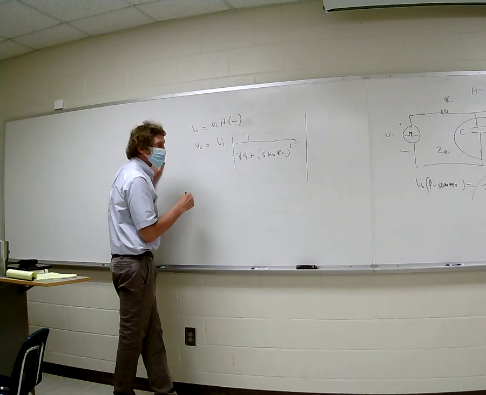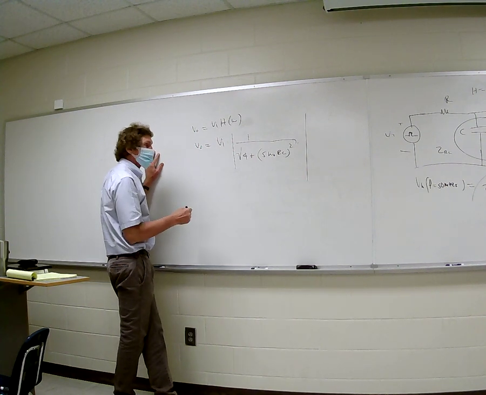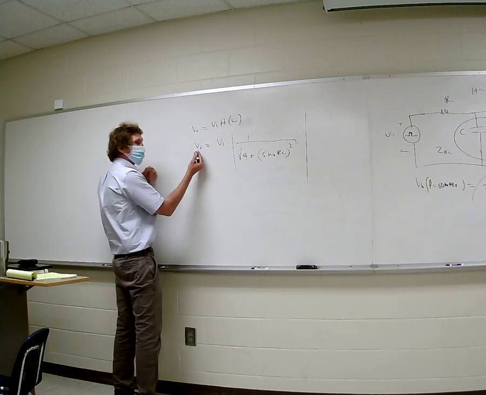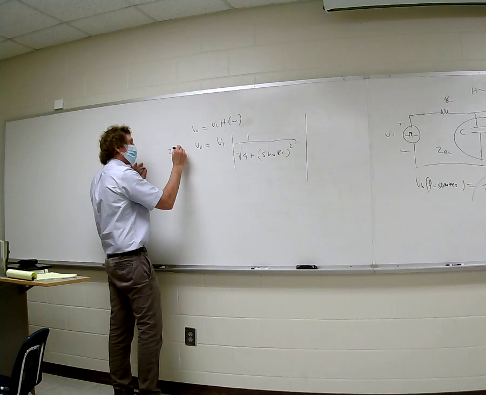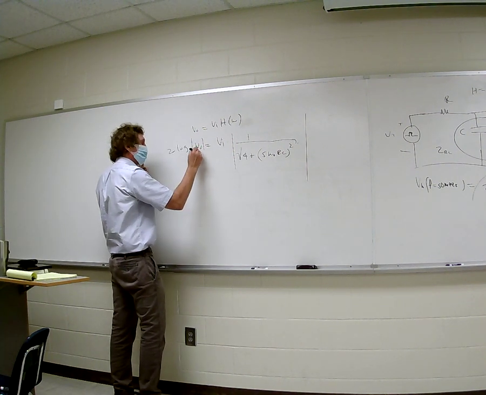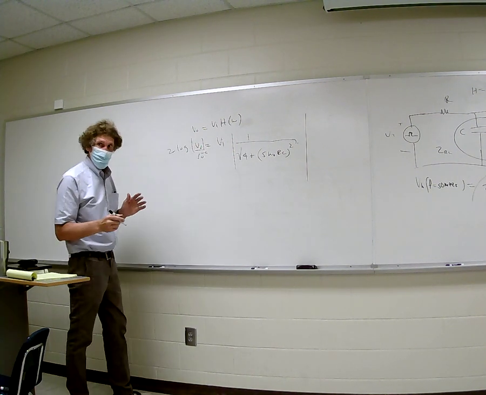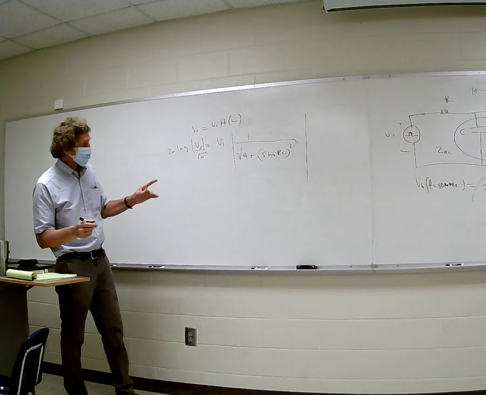Well, if I want output voltage in dB microvolts, I have to take 20 times the log of the magnitude of V out over 10 to the minus 6, right? All right, now just watch what happens.